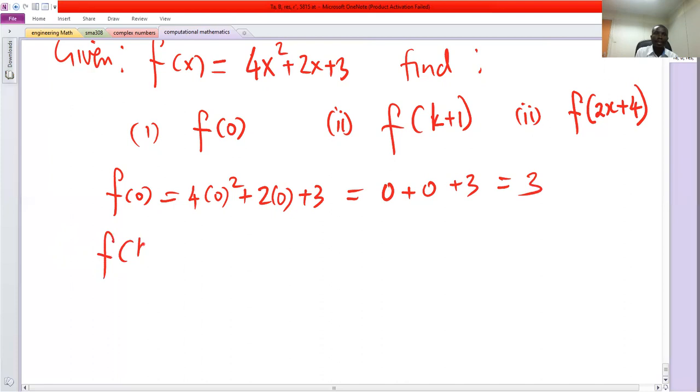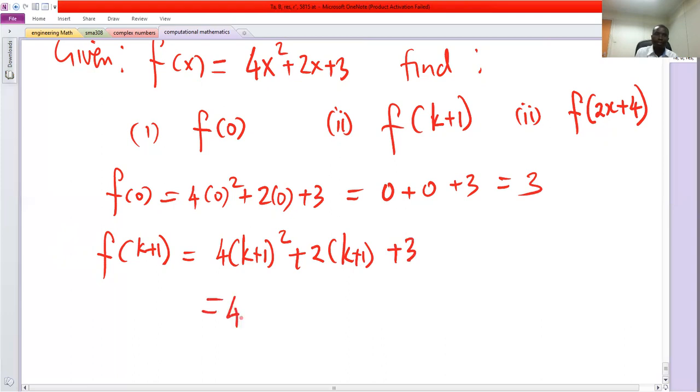f of k plus 1 means where there's any x, we put k plus 1. So it will be 4 into k plus 1 squared plus 2 into k plus 1 plus 3, which will be 4 into k squared plus 2k plus 1 plus 2k plus 2 plus 3.